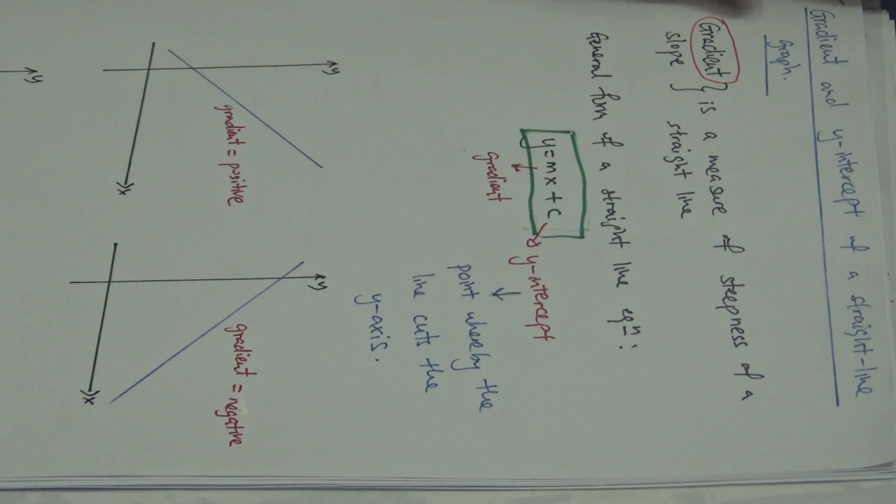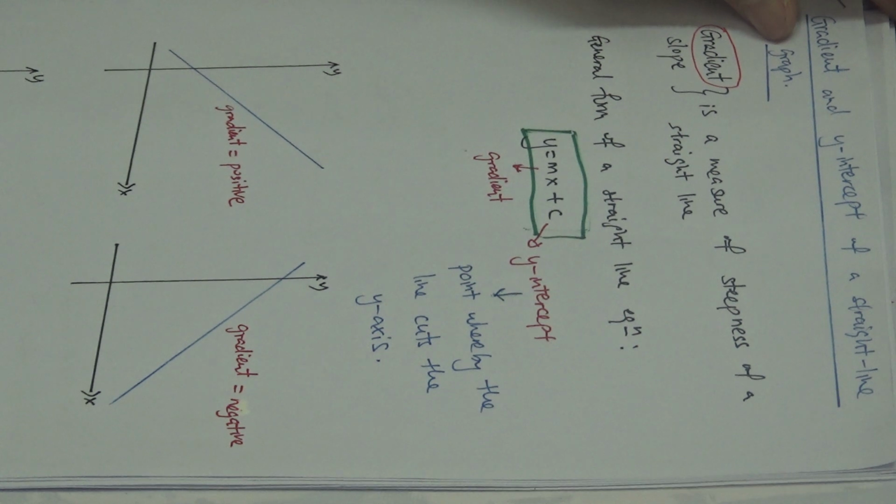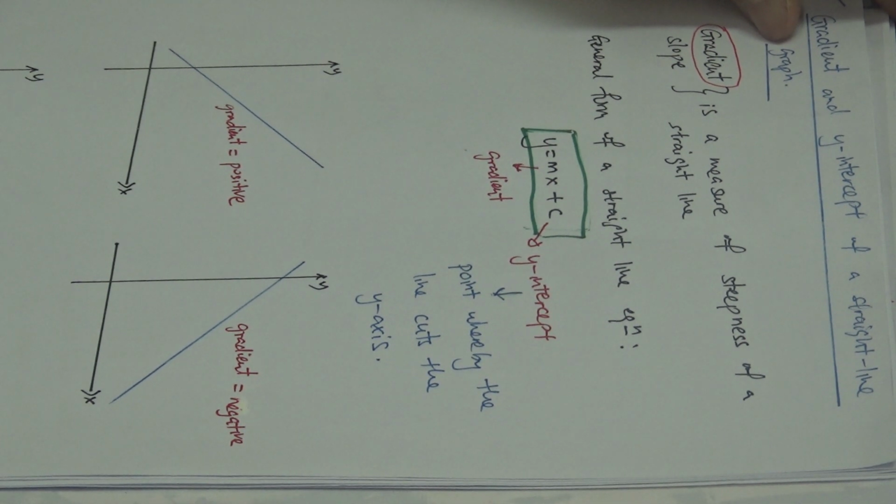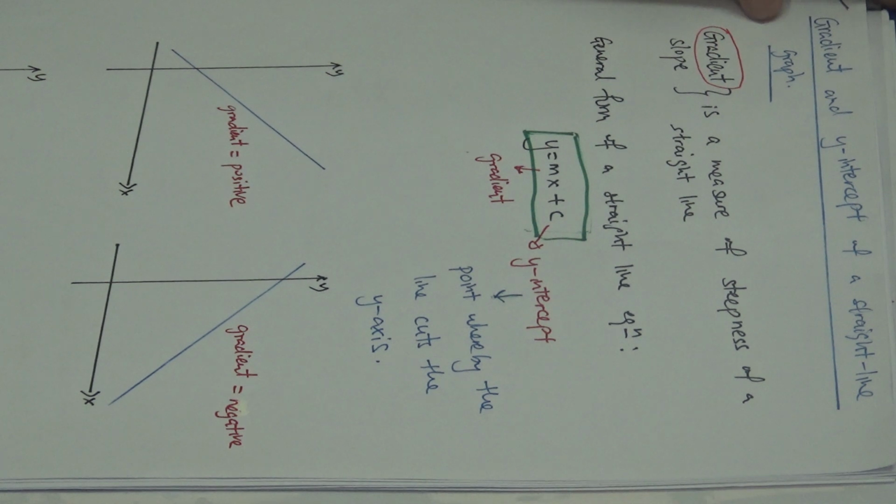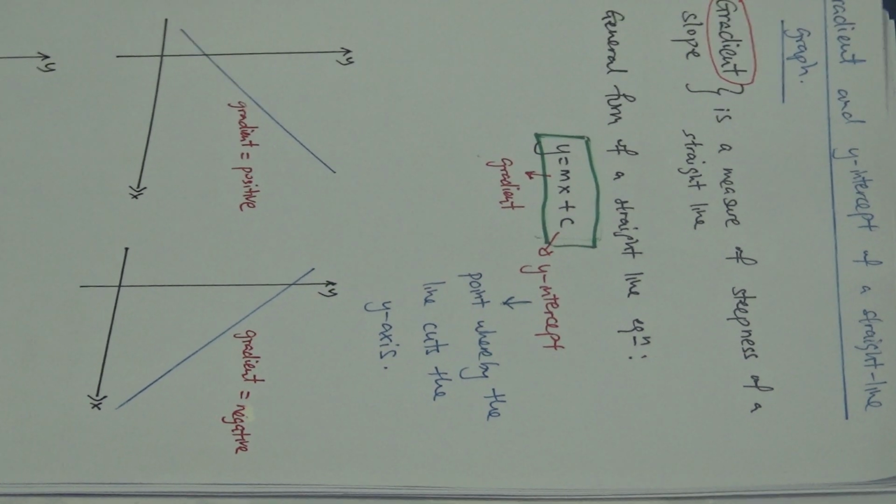Now, for the next part, I would like you to take down the notes on page 181 of the textbook, at the blank space below. I want you to take down the notes that I'm going to show you now.